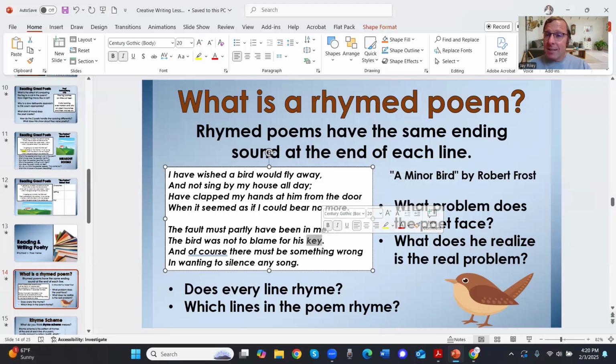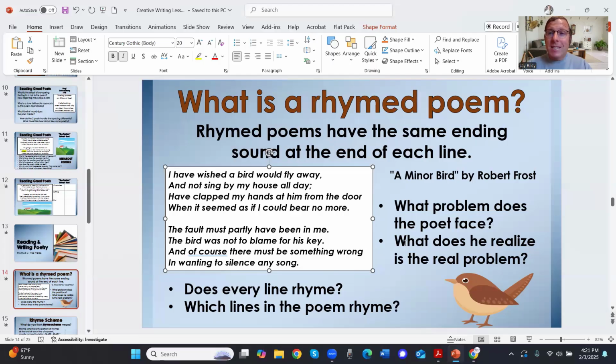Me and key, and then wrong and song. So, when I take a moment and reflect on this poem and look at the problem that the poet's dealing with, he's really just annoyed by this bird that's singing. And then he says, the fault must partly have been in me.